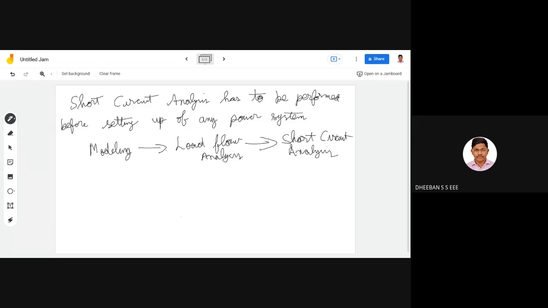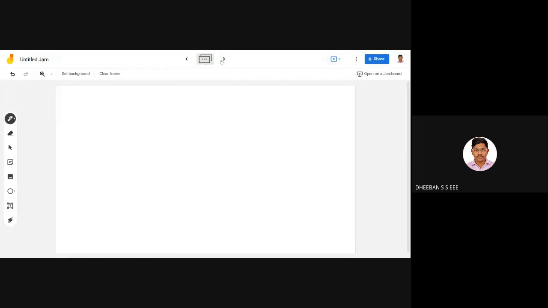So in today's class I'll be covering just the various assumptions we have to consider in a short circuit analysis. That's it. Okay, so you can take the heading: assumptions with respect to short circuit analysis.